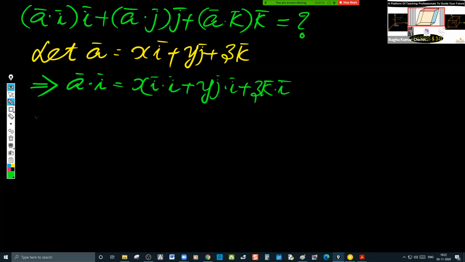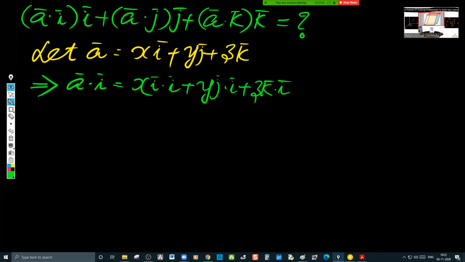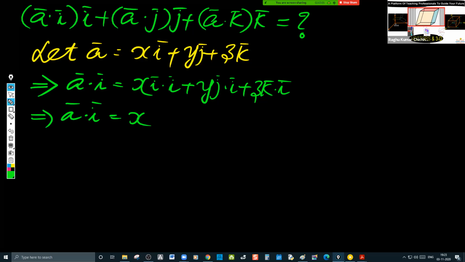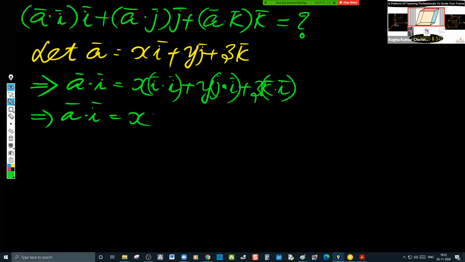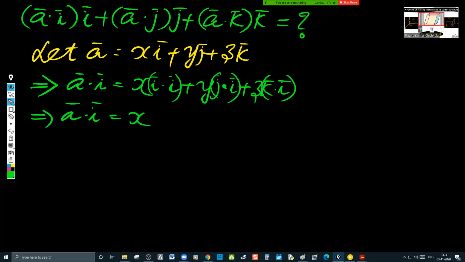What is i dot i? 1. So A bar dot i bar is equal to x. This is the beginning step, I wrote this.